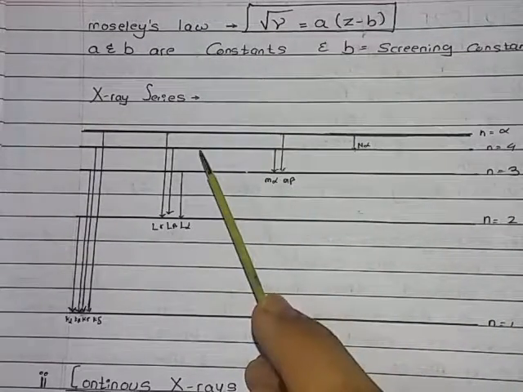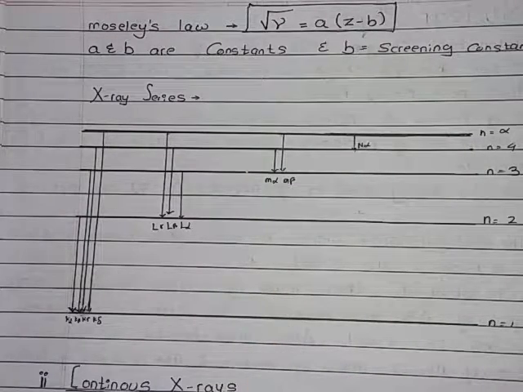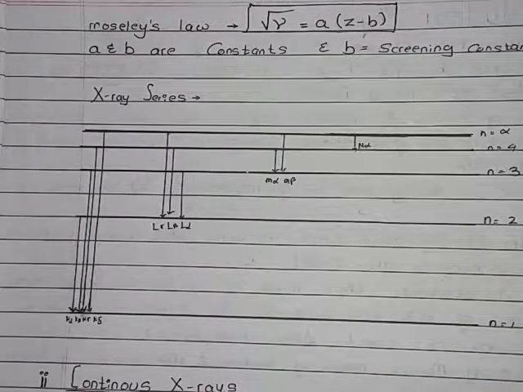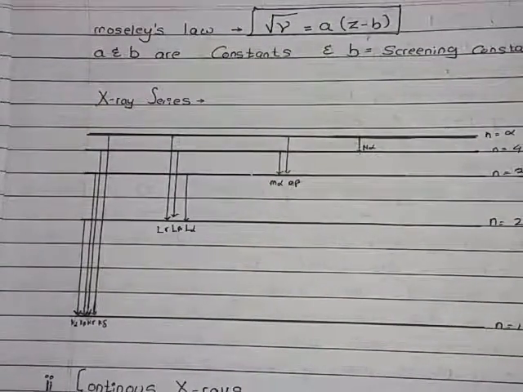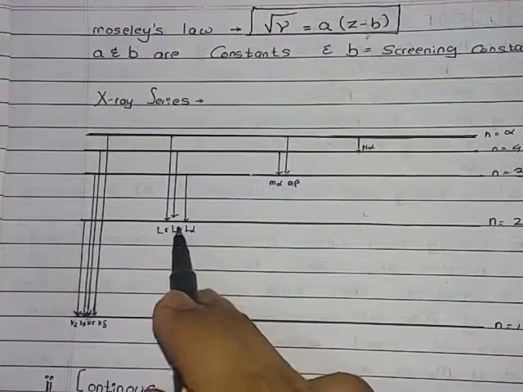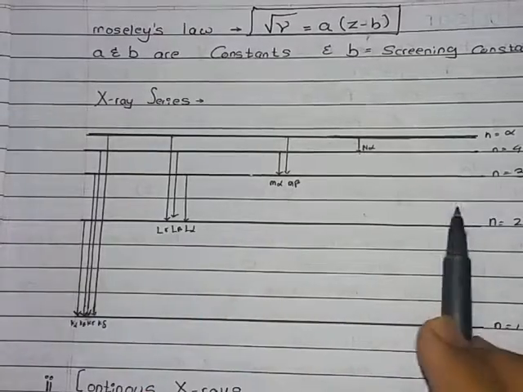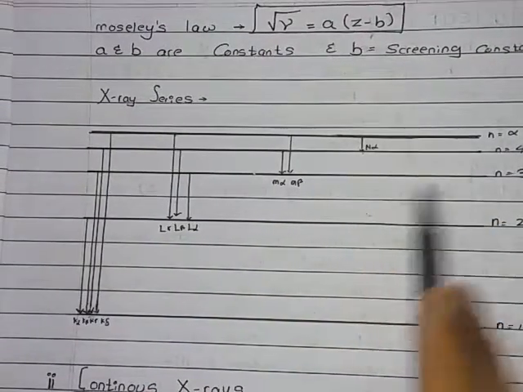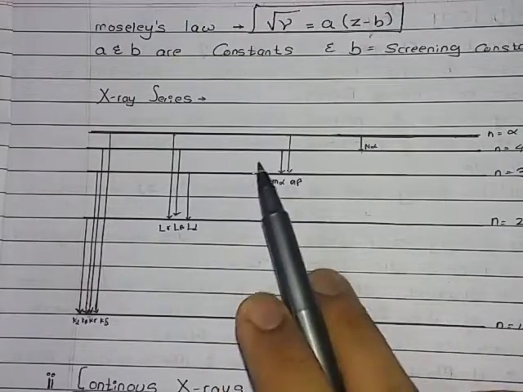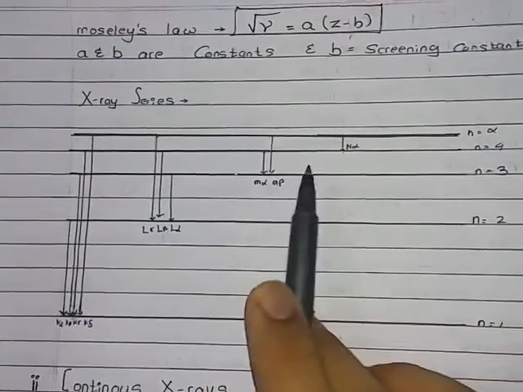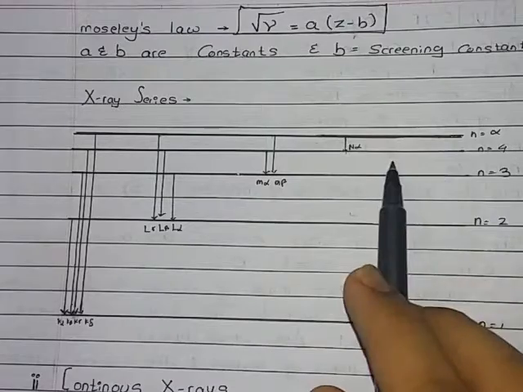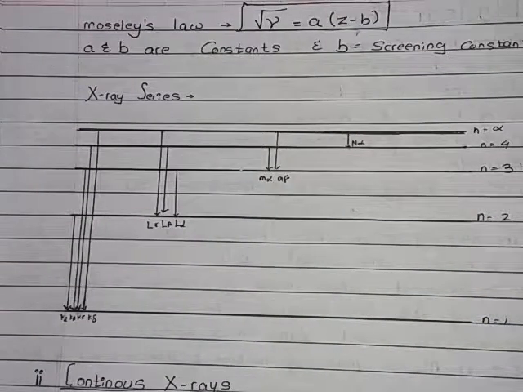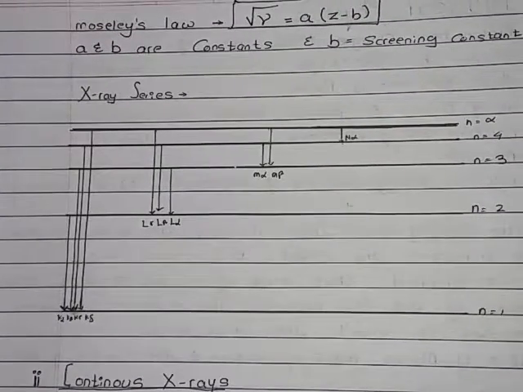Now for the L series, from 3 to 2 it's L alpha, from 4 to 2 it's L beta, and so on. L gamma can be anything. From 4 to 3 it's M alpha, from infinity to 3 it's M beta. Infinity to 4 it's N alpha and all that. Like that it continues.